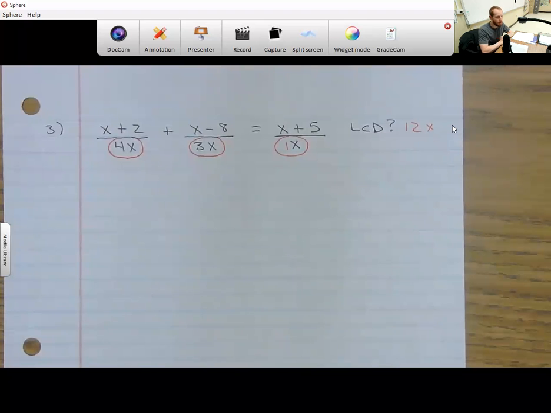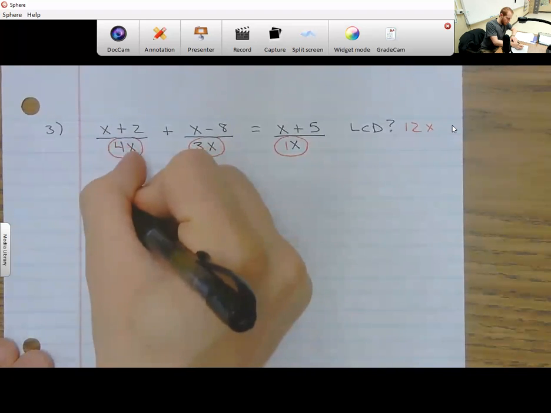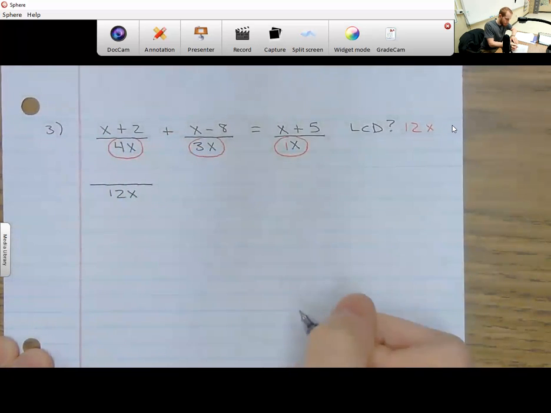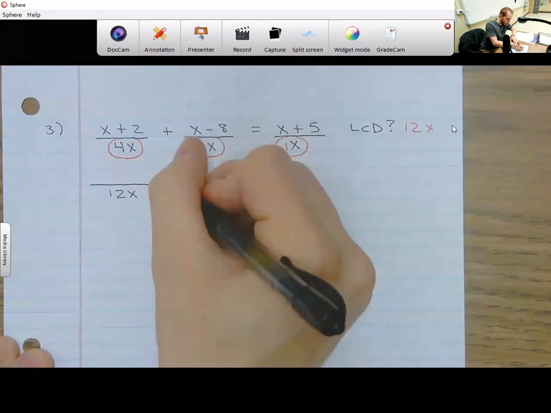So what I want to do is change every single denominator to 12x. Okay? So we're going to rewrite every single fraction with a 12x in the denominator. So this one is going to have a 12x. This one is going to have a 12x.